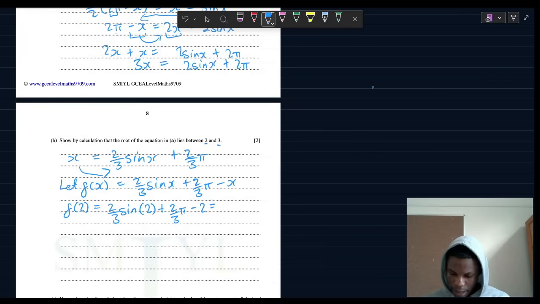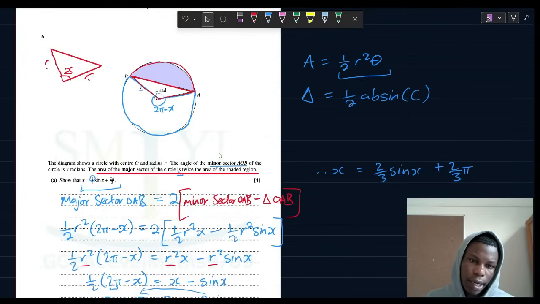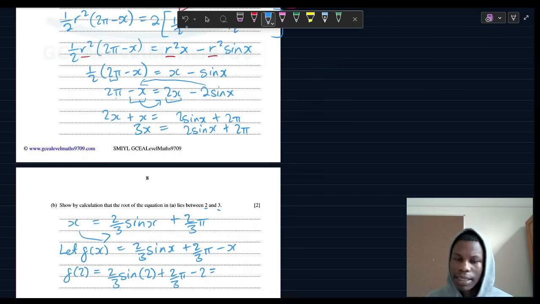So if we punch that into the calculator, this is 2 over 3 sine. Make sure you are in radians, because they have told you here that your angle x is in radians. Anytime you're dealing with some form of circular measure, we always use radians in A levels.